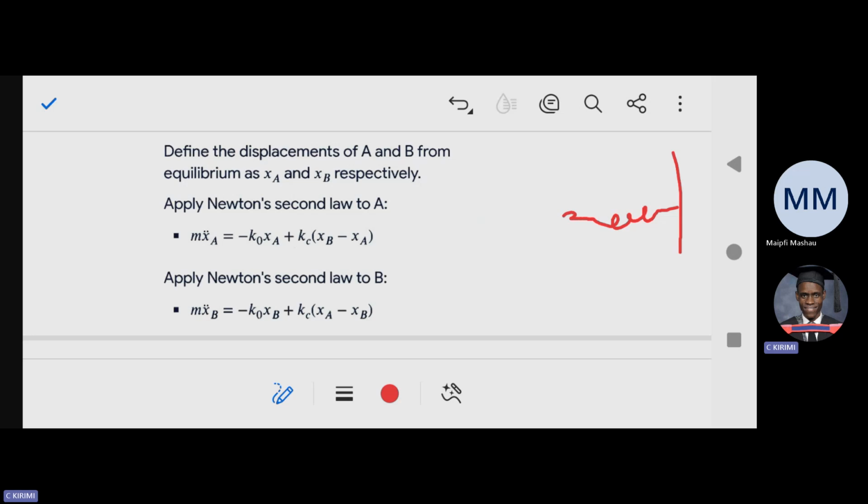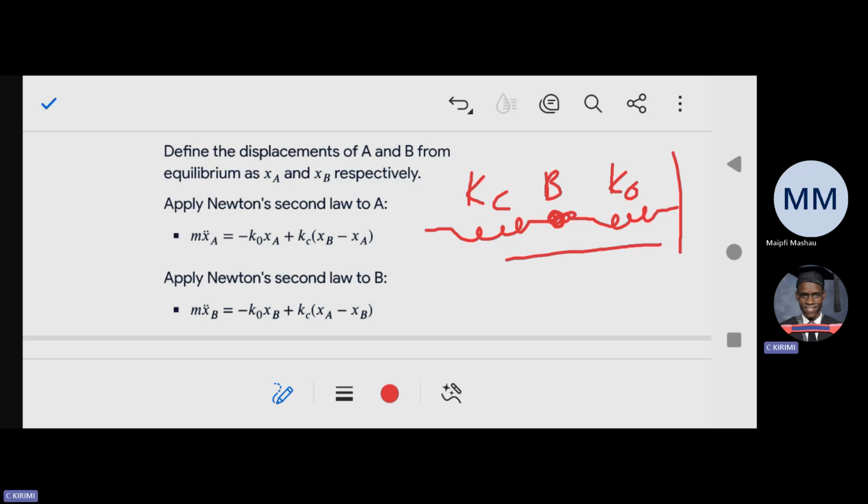Then this is our mass B, and this is the spring. It has not been attached to anything yet. So here we are told this is K what? Not. And then this is K what? B. Our motion is going to move in which direction?